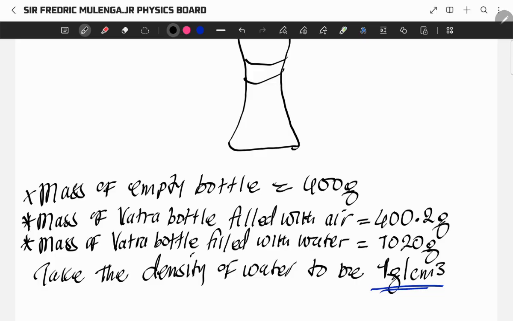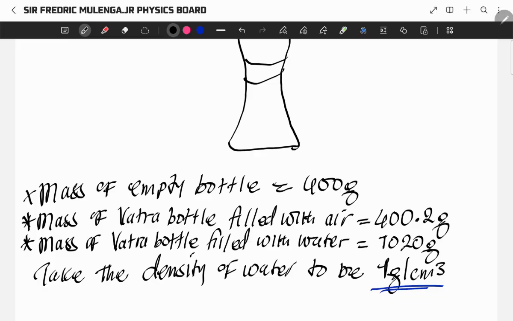Mass of empty bottle is 400 grams. Mass of a water bottle filled with air is 400.2 grams. Mass of a water bottle filled with water is 1020 grams. The density of water was given as 1 gram per centimeter cubed.